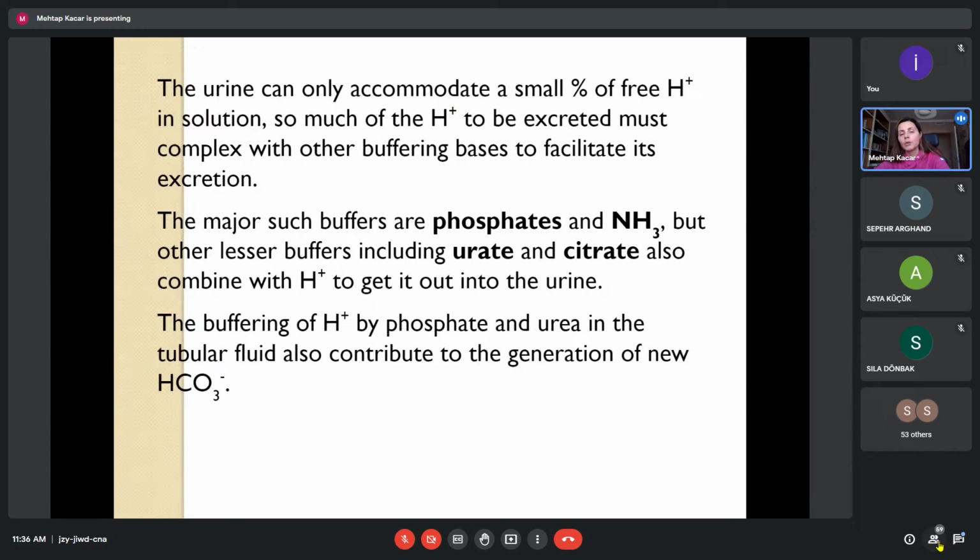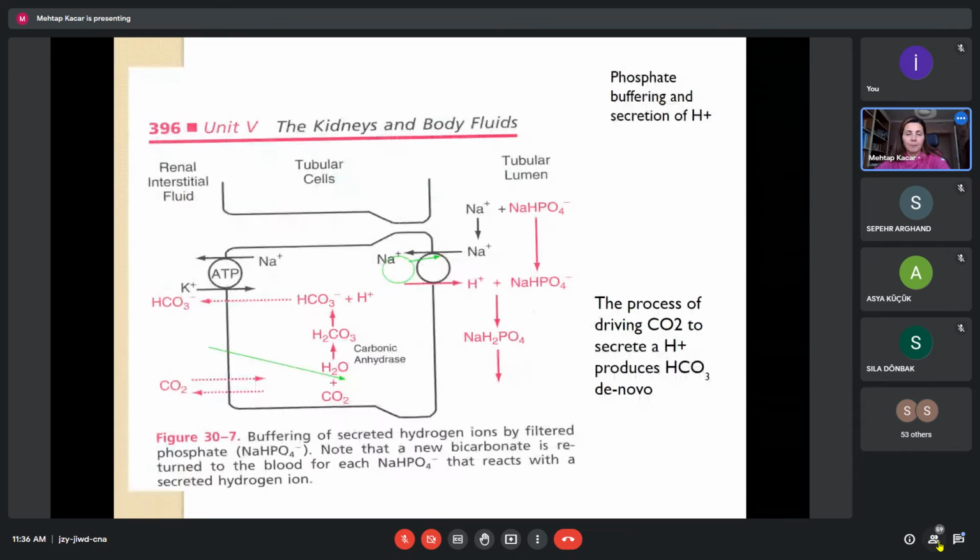So much of the hydrogen to be excreted must complex with other buffers to facilitate its excretion, especially phosphates and ammonium. Urate and citrate also combine with hydrogen ion to get it out into the urine. You can see here this complex.